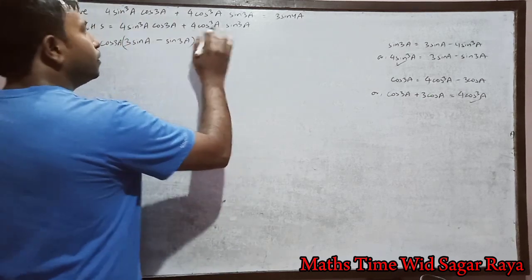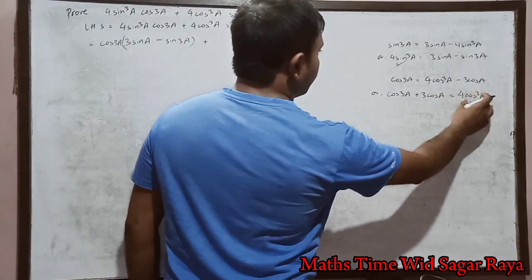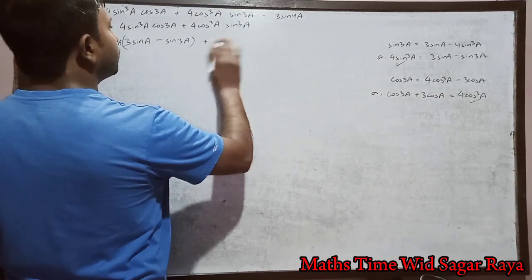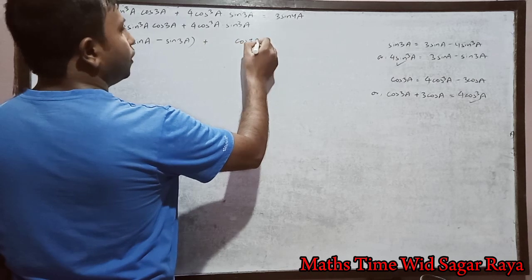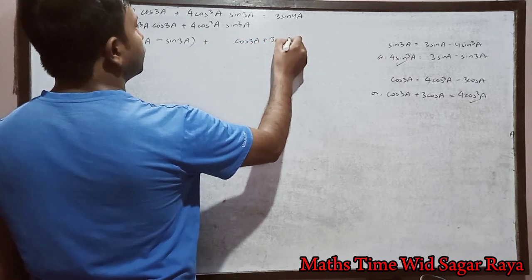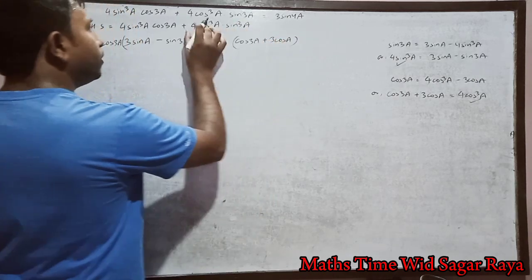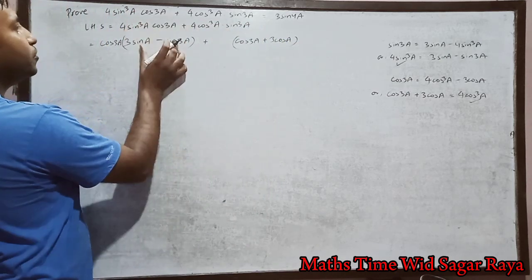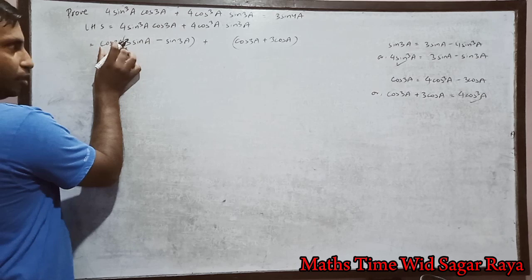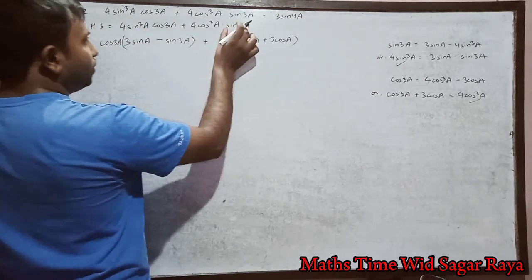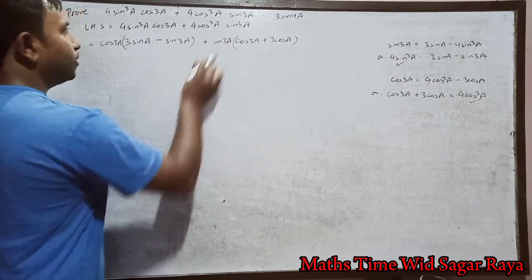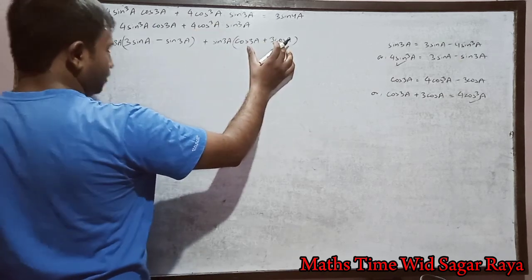Similarly here, 4 cos cube a means cos 3a plus 3 cos a, and this we have to multiply with sin 3a. Okay, and here also sin 3a is remaining, so we have to write here sin 3a.